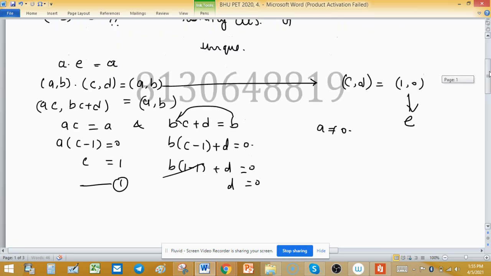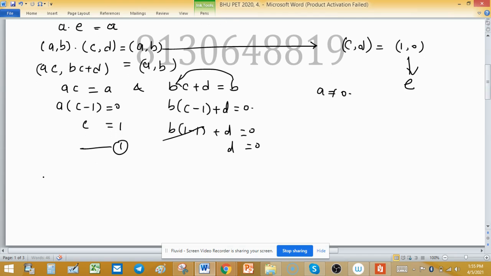Find the inverse of the element (2, 3). Suppose (C, D) is the inverse of this. By the definition of inverse, these two operated together will return the identity. And how do they combine? (2C, 3C + D) equals the identity element (1, 0).